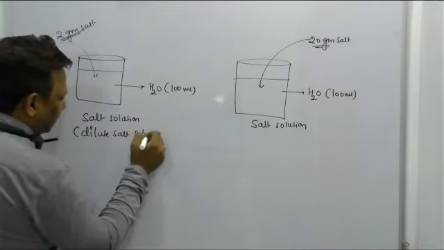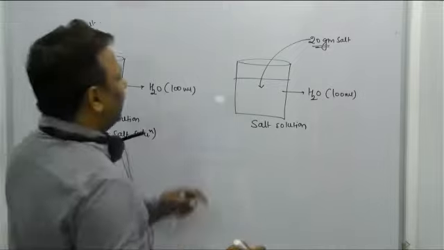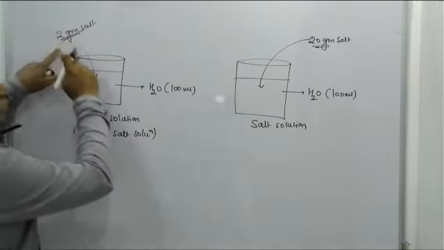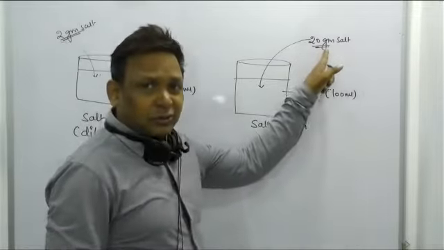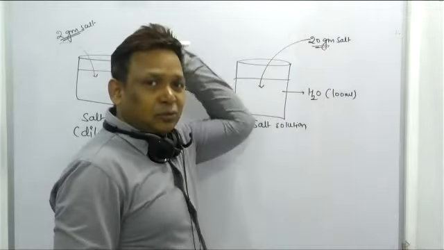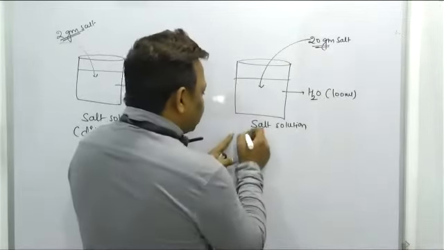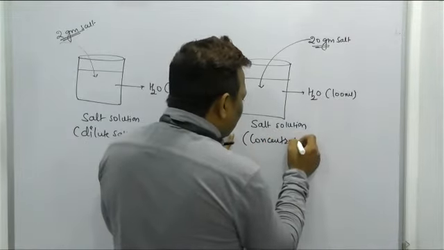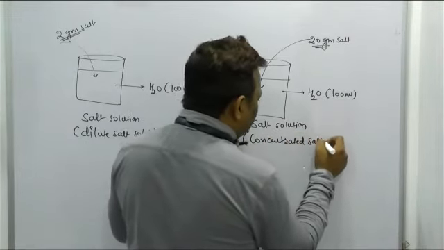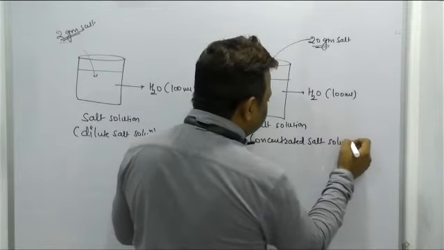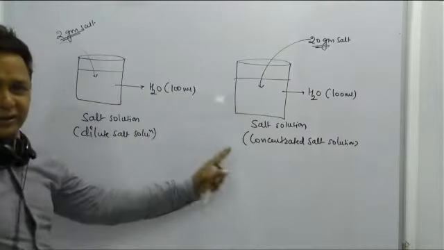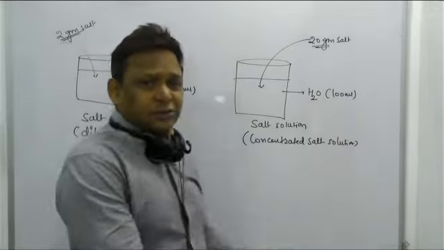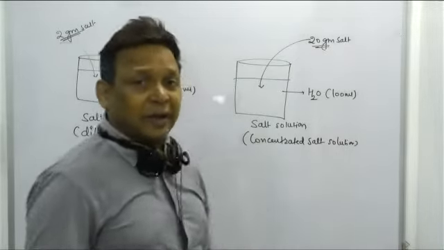And compared to this quantity of solute, the quantity of solute here is somewhat more. Instead of 2 gram, it is 20 gram. So this one will be called a concentrated salt solution.